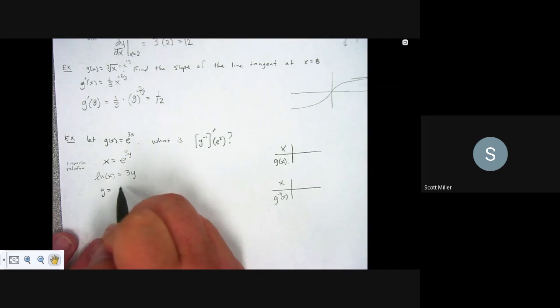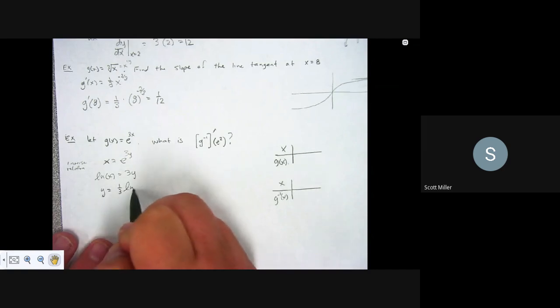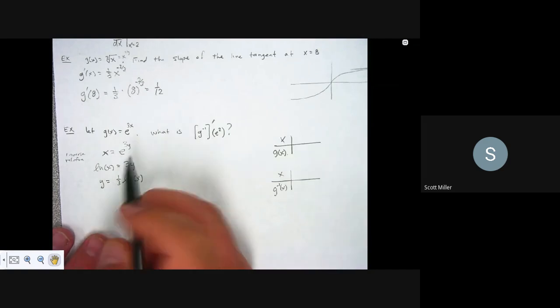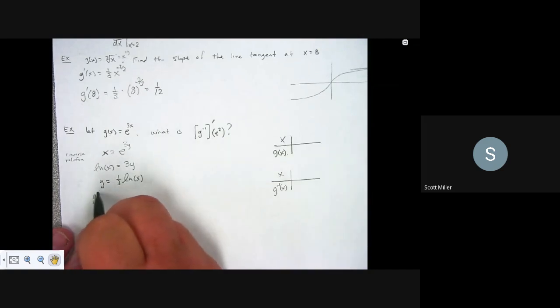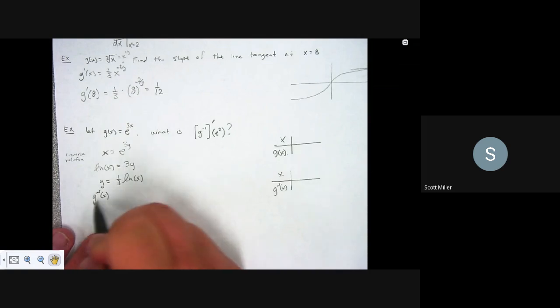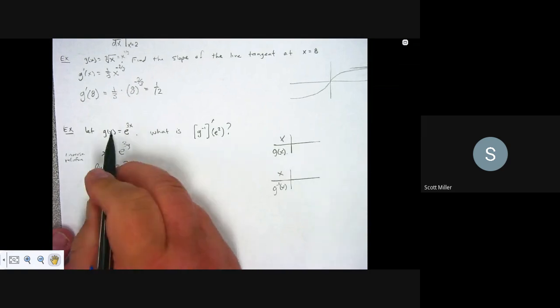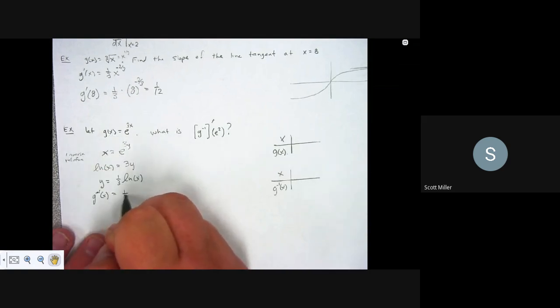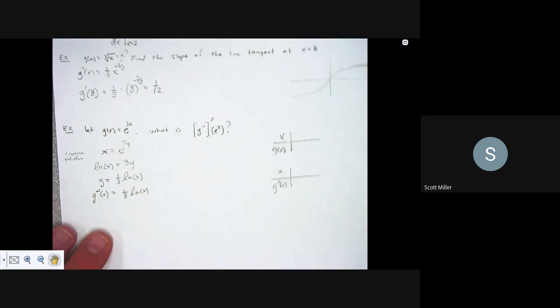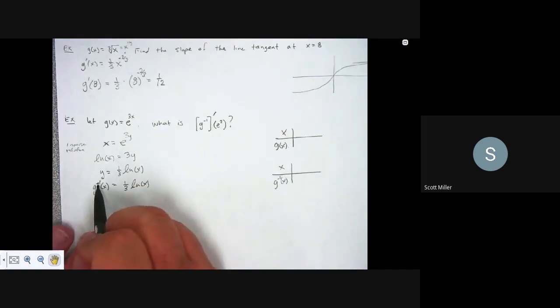I get y equals 1/3 the natural log of x. And this is g inverse. Because it is a function, I can now claim it as an inverse function of g. So that is what I just did. I did not do a derivative. I'm finding an inverse. I found g inverse of x.